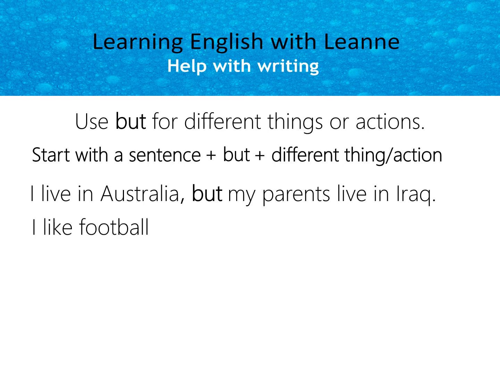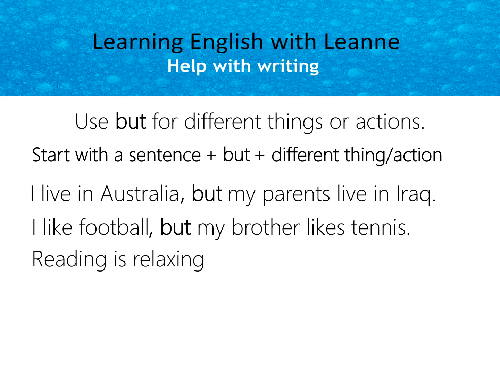Start with the sentence, I like football. Use but. And the different thing, my brother likes tennis. So this sentence is two different hobbies or activities. Another example, reading is relaxing. So this is good. But something maybe not so good, it makes me sleepy.